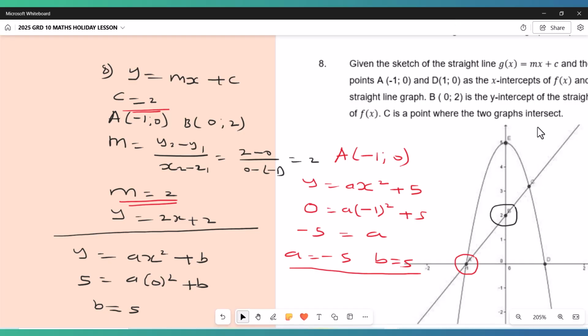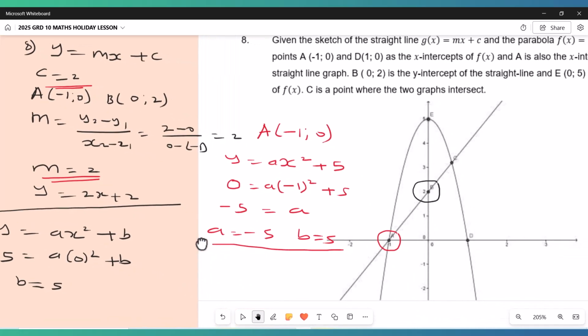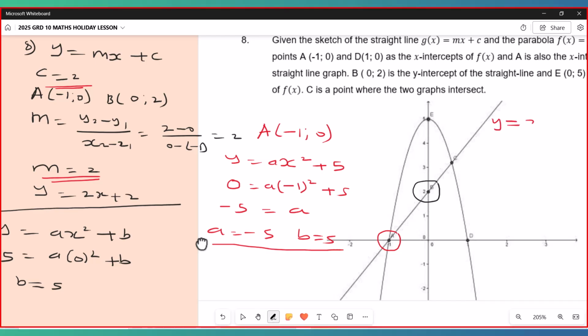Next question. They say that after getting the values for the function, we can now put them there. We know that our line, the straight line we have, is y equals 2x plus 2.